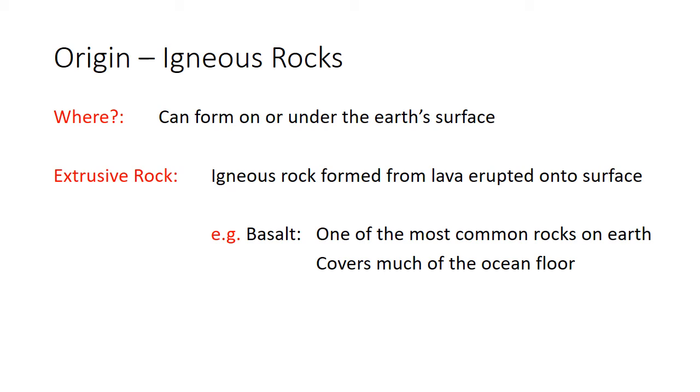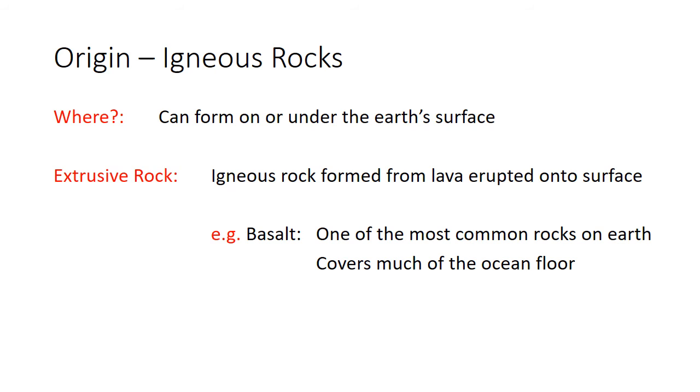Extrusive rock is igneous rock formed from lava erupted onto the surface, usually from volcanoes. An example is basalt. Basalt is one of the most common rocks on Earth, and it covers most of the ocean floor.